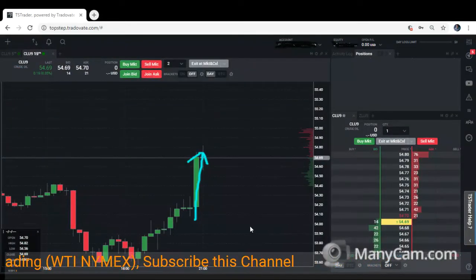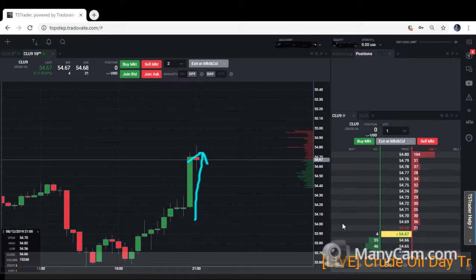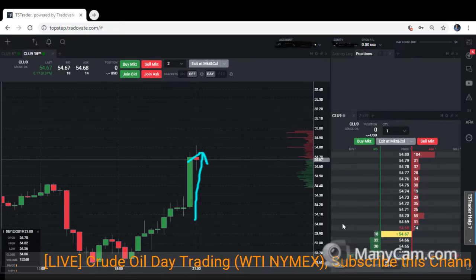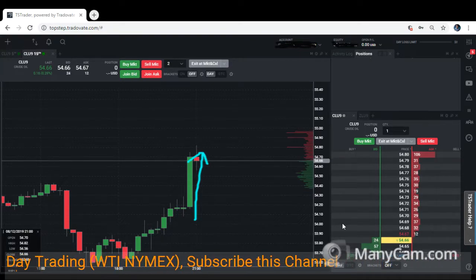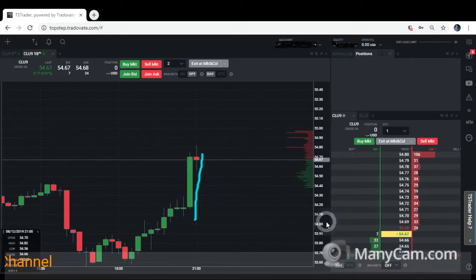Okay, now we are looking for entry. We are looking for a good entry from our setup. Maybe in the next 15 to 20 minutes one should appear, so let's have some patience while waiting for the good signal to come out.